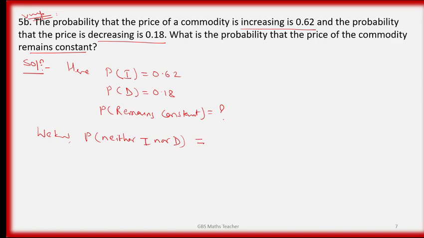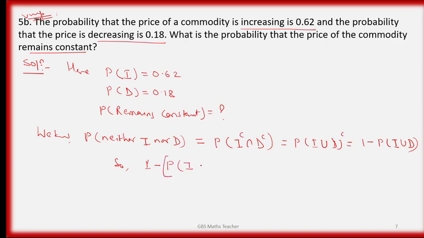That is, dear students, probability of I complement intersection D complement, that is probability of (I union D) complement, equals 1 minus probability of I union D, which is 1 minus (probability of I plus probability of D).